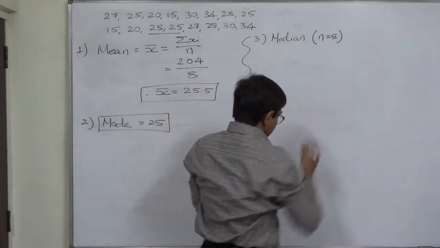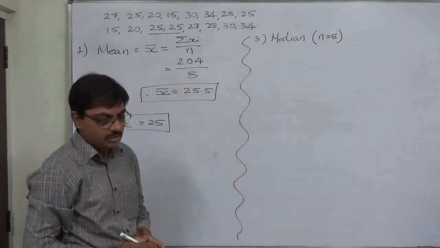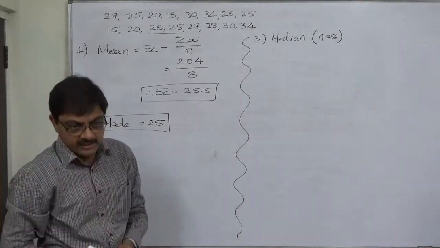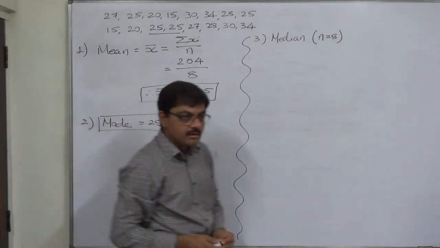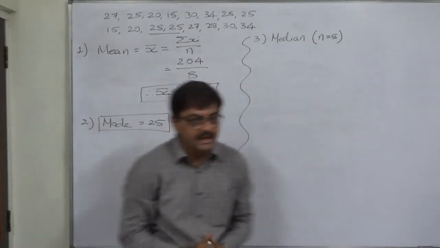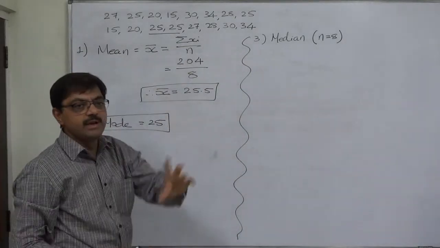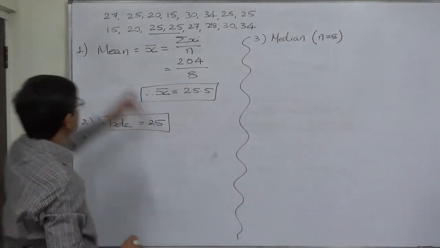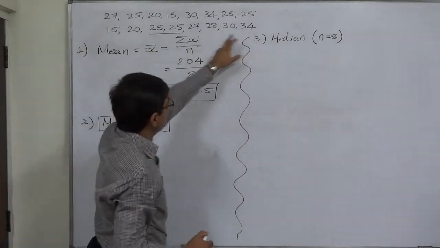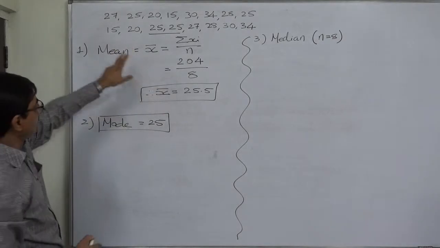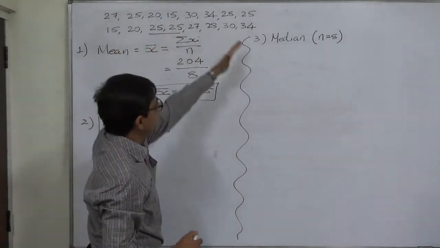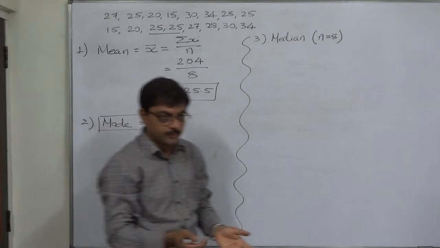In case of an even number of data values, what is the median? Median is not the middle value, because in case of an even number of data values there is no single value in the middle of the data. First we arrange the data into ascending order. There are 8 values, 4 and 4, so there is no middle value.